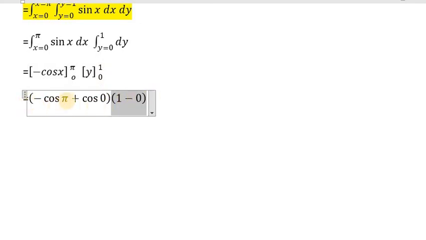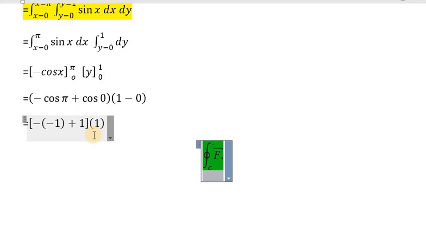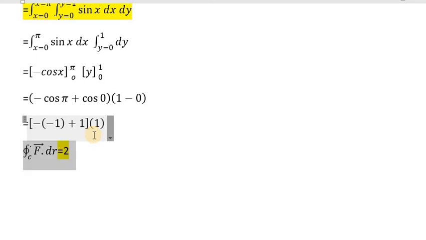Here cos 5 is taken as minus 1 and cos 0 is 1. So minus of minus 1 plus 1, into 1, which is nothing but 2. Hence, the line integral over the closed curve C of f dot dr is equal to 2. This is the required result.